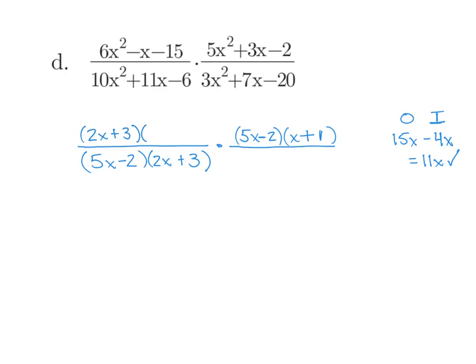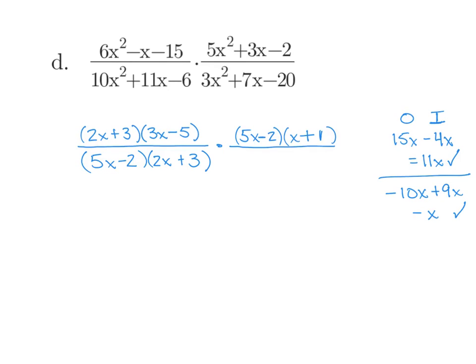So now 6x squared breaks down to 2x and 3x. Negative 15 breaks down to positive 3 times negative 5. If we do a quick check, my outsides, I get 2x times negative 5 is negative 10x. My insides, I get 3 times 3x is plus 9x, which does simplify down to negative x. This is correctly factored.